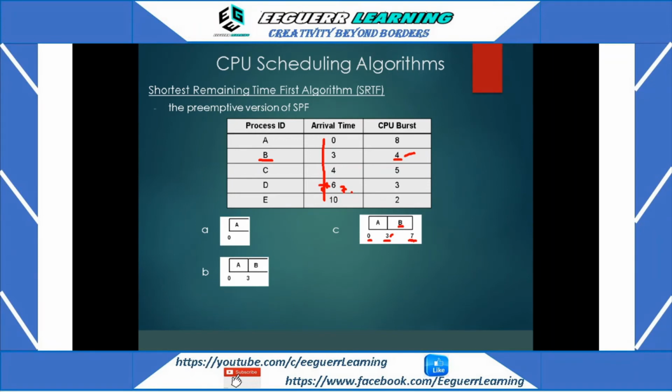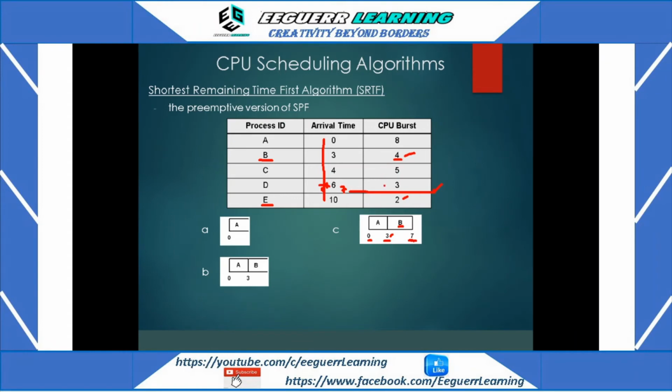It will just detect the incoming processes up to this part. Process E has not yet arrived. Though we have a smaller value here, since process E has not yet arrived, it will not be part of the scheduling.